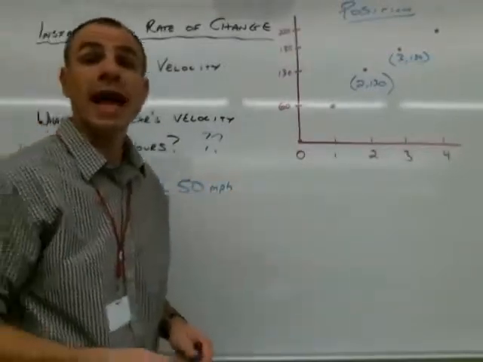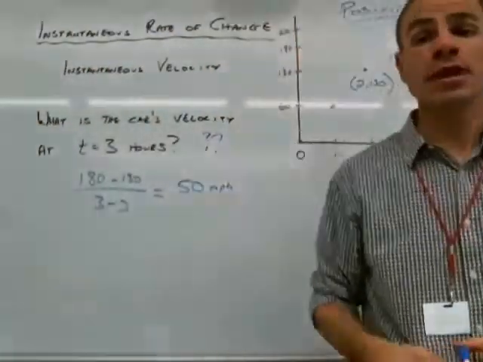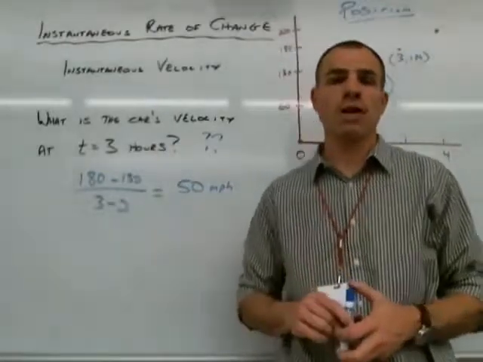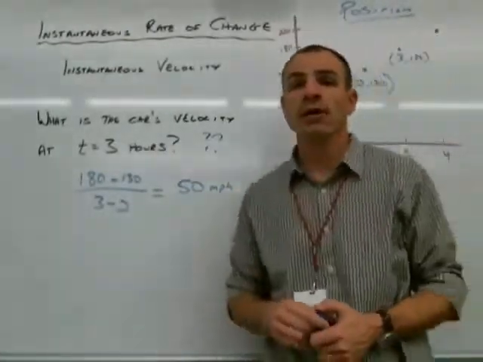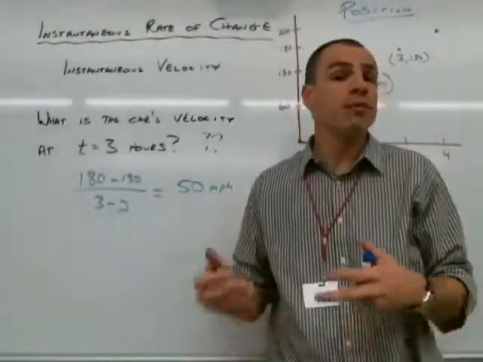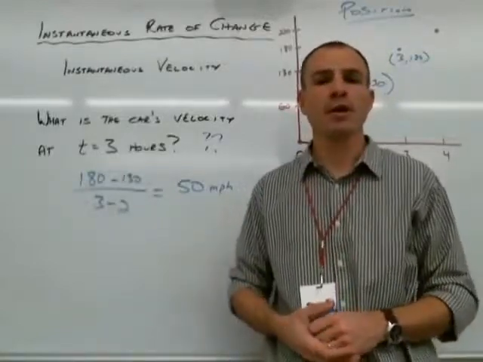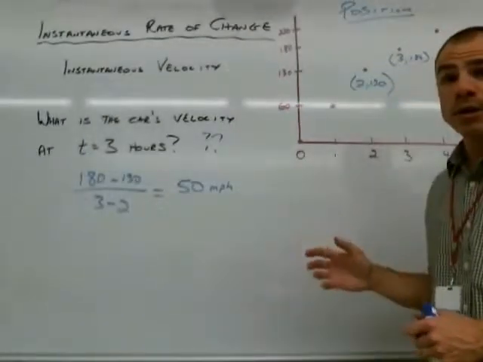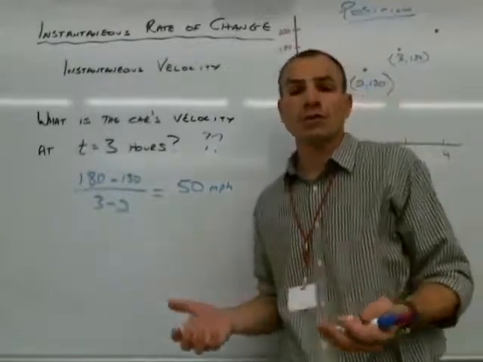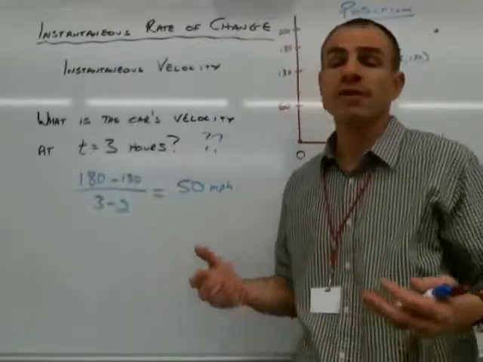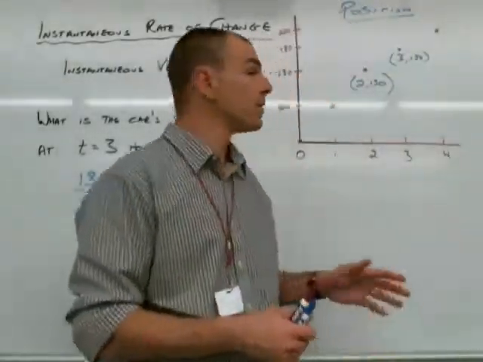Okay, so our average velocity during the hour preceding the 3-hour mark was 50 miles per hour. So we were probably going approximately 50 miles per hour at exactly the 3-hour mark. But we don't know for sure. It's just an approximation. And that's the best that we can do off of our data.